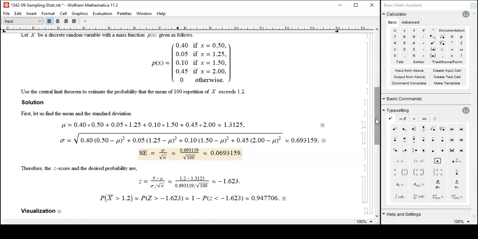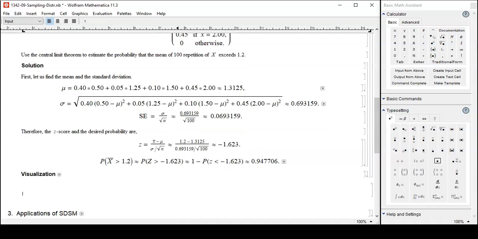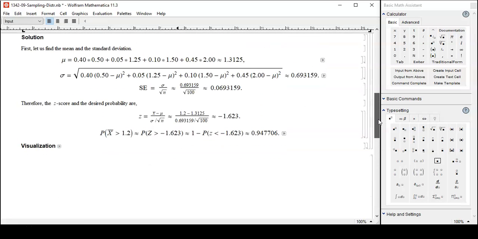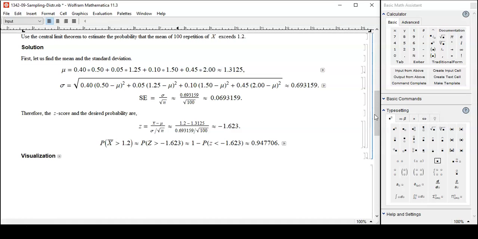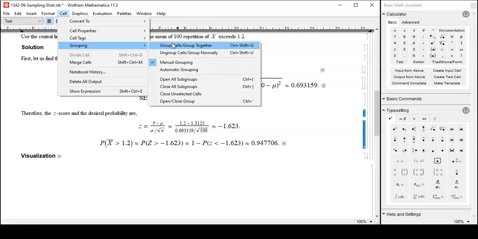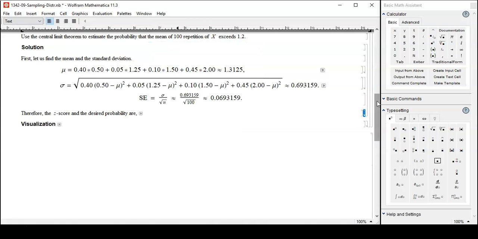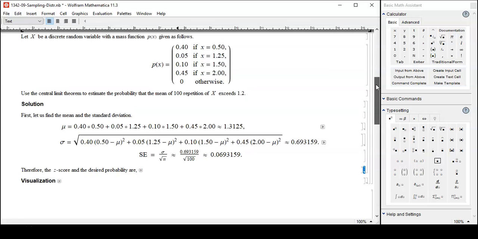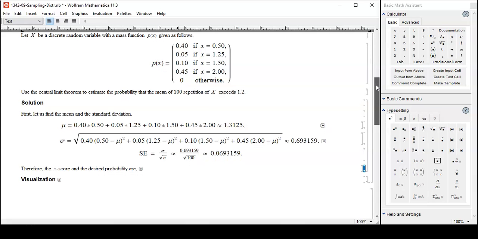Now, how does it work? Well, let's see. Let me put some space here. Okay. I can now see almost the entire problem in the single viewing window.